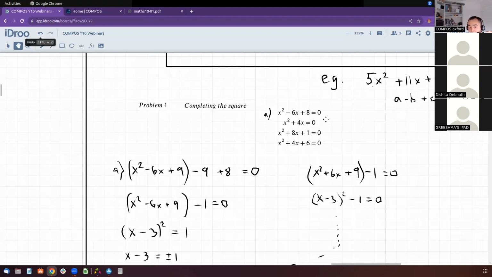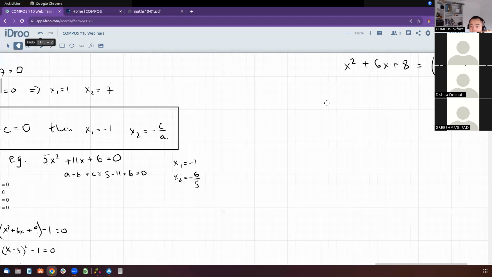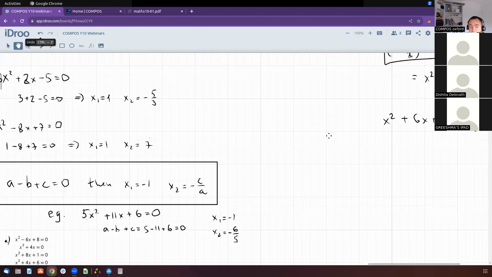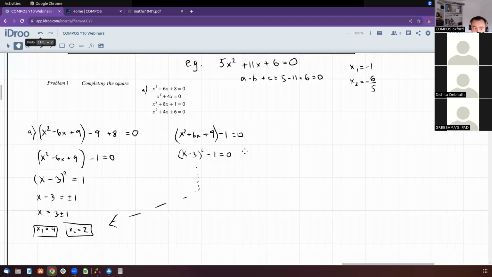That's how I did it. And here, I'm just using the formula straightforward. So I'm going to do another one by recognition, and then 2 more by using the formula. So I'm going to do recognition again. So x squared plus 4x. I recognize that this is part of x squared plus 4x plus 4.